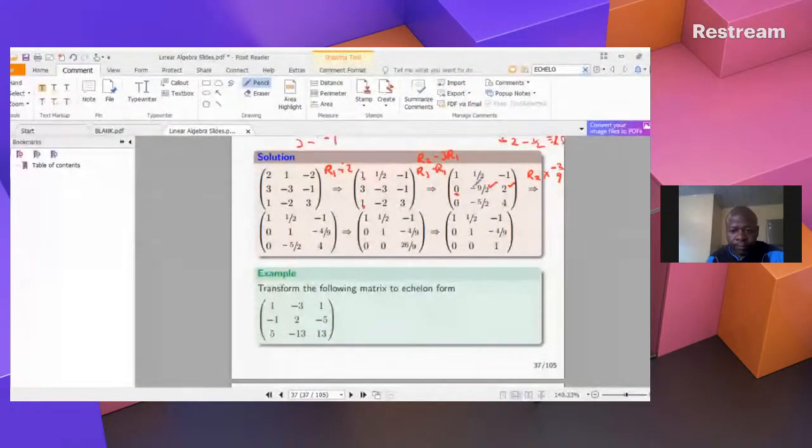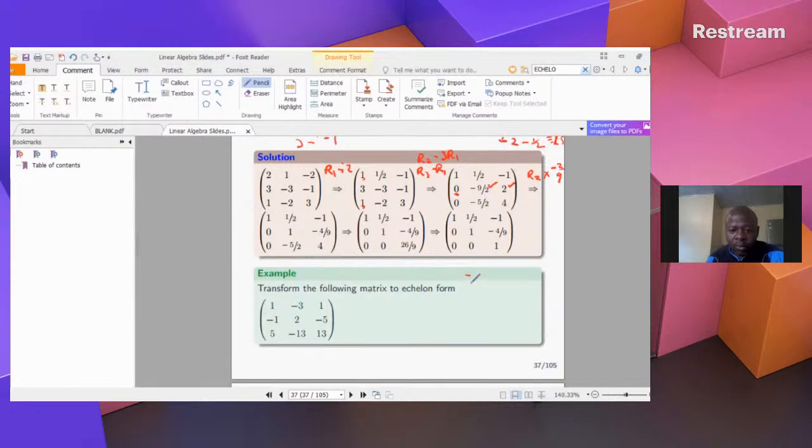So what I was saying is, once I have this leading entry in this first column, I've used it to create zeros elsewhere. So I come to this second row and identify the leading entry. The leading entry is here. So I make this leading entry be 1.